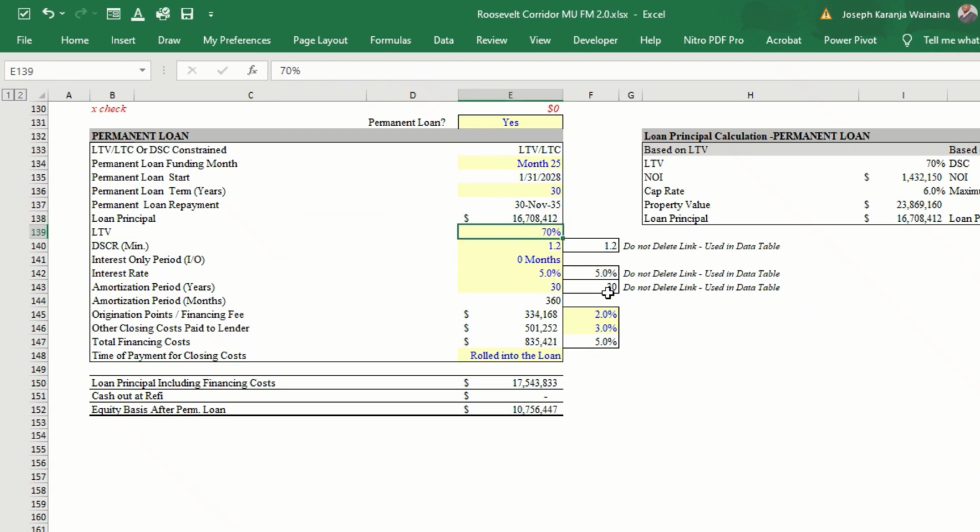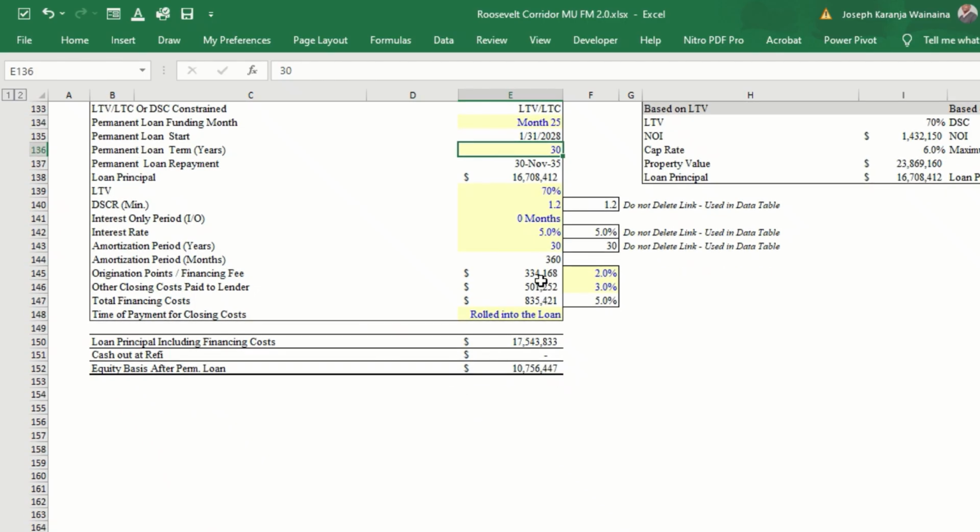So this is the LTV amount, 70%. Also here above is the term, the start date and the end date also indicated. We also have the cost of the refinance, the interest during the refinancing to the permanent loan at conversion. So we have the fees here. I also have the other costs paid to the lender. So these are the total financing costs.